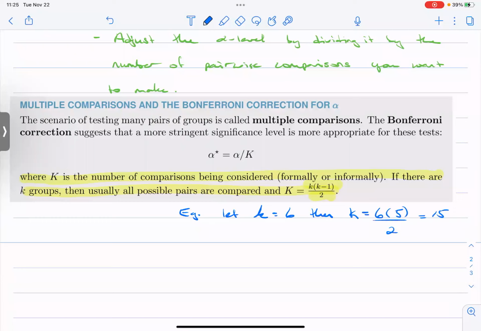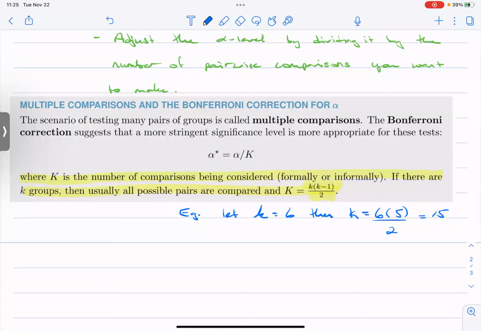So that means I have 15 pairwise comparisons. So I'm going to divide that 0.05, the original alpha level, by 15, because by the time I've run all those tests, I'm going to have a total alpha level of 0.05.